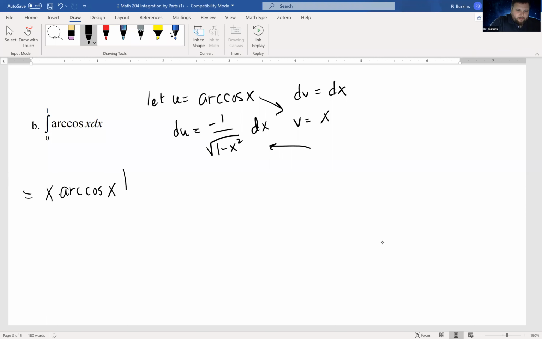This also has to be evaluated from 0 to 1. Minus the integral of v times du, so that would look like that. Again, from 0 to 1.